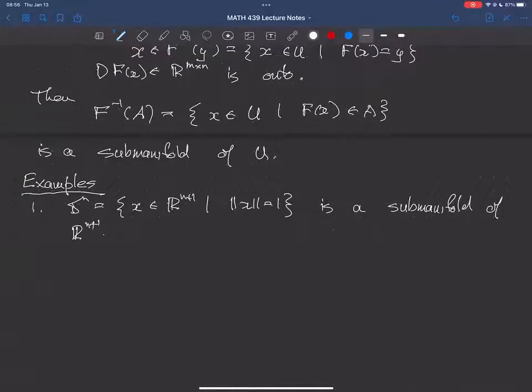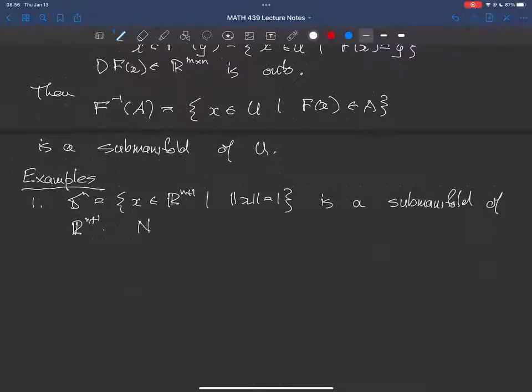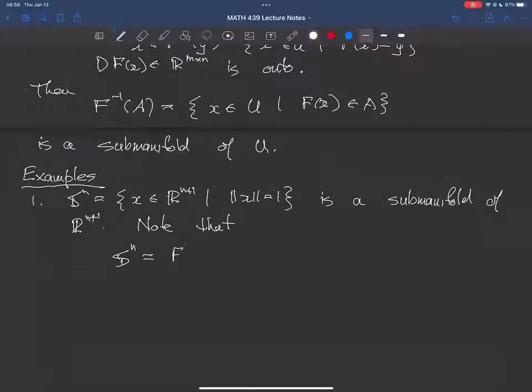The thing that I notice is that Sn is equal to the preimage of the point 1 under F, where F is the mapping from Rn+1 into R defined by taking X to the norm of X squared.